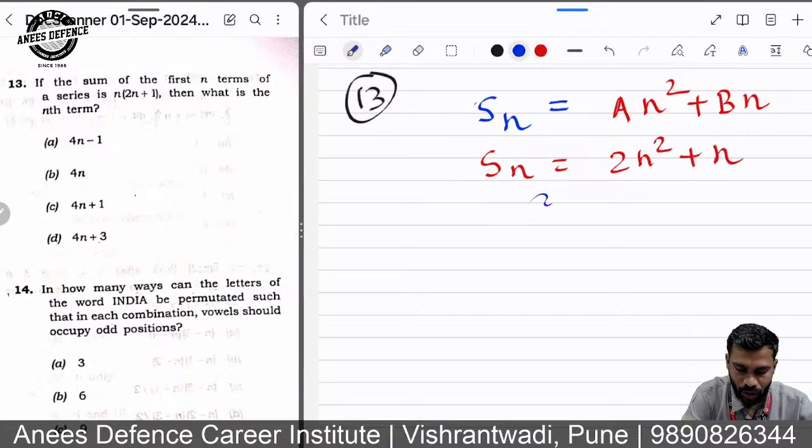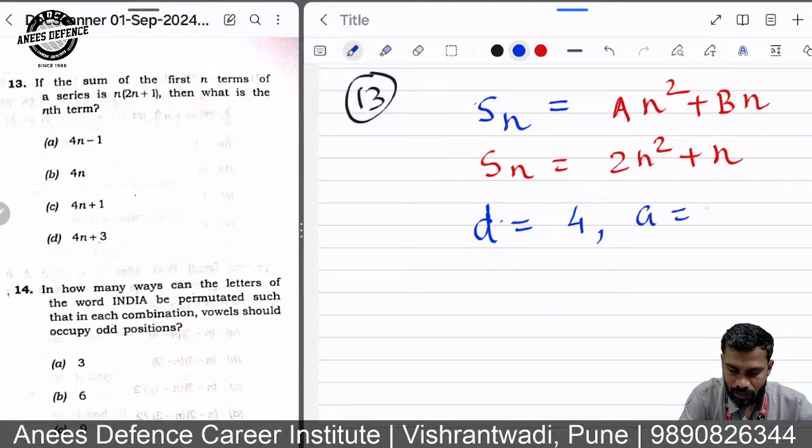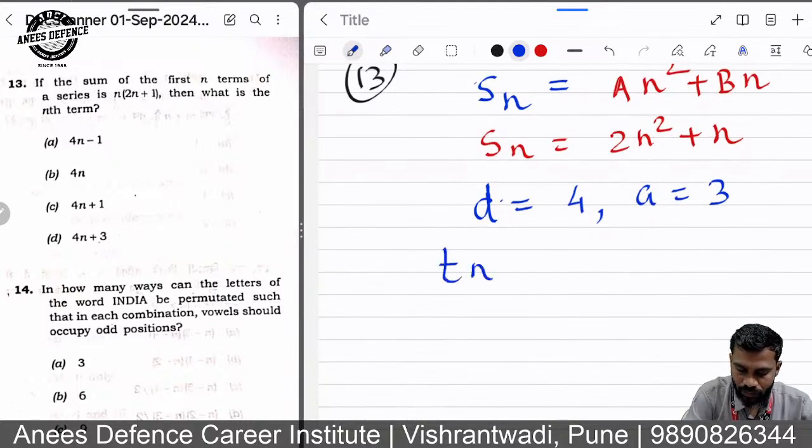And we know the shortcut. What is the shortcut here? Common difference will be double the coefficient of n square, that will be 4. And the first term will be the sum of both the coefficients, that will be 3. So Tn we already know, Tn is equal to a plus n minus 1 into d.